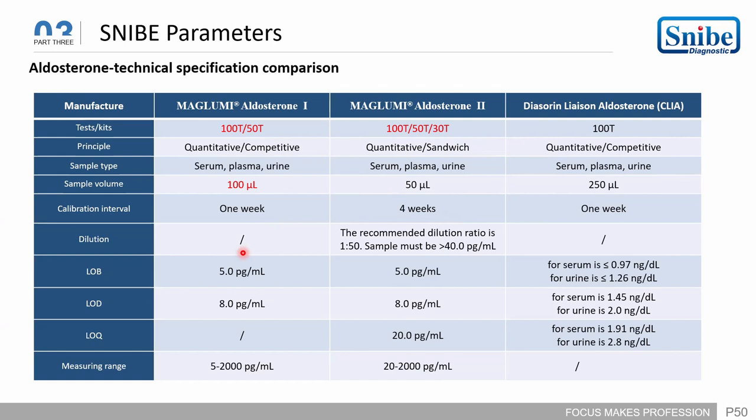So if we talk about the dilution, aldosterone first generation dilution was not recommended, but in the second generation, if the results are higher than 2000 picogram per ml, they can be diluted with the ratio 1:50, but the value should be greater than 40 picogram per ml.